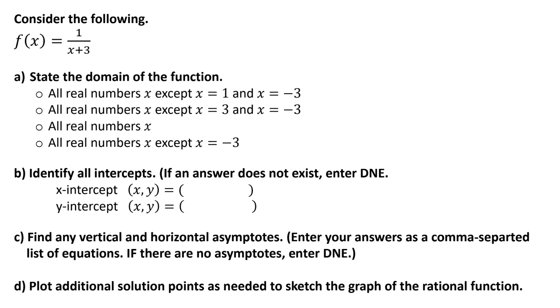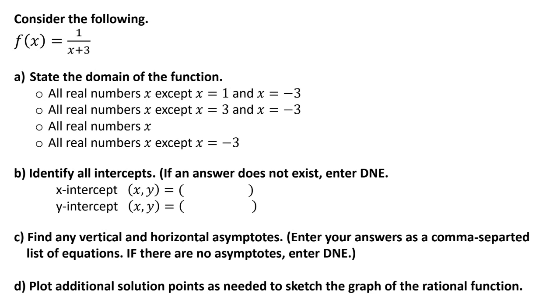First, we need to know the domain of the function. Since this is a fraction, what we never want is for the denominator to be equal to 0. So we need to determine the domain of the function. If we don't see it, you can set x plus 3 equal to 0 to find out if there is an x value that will give us a 0.